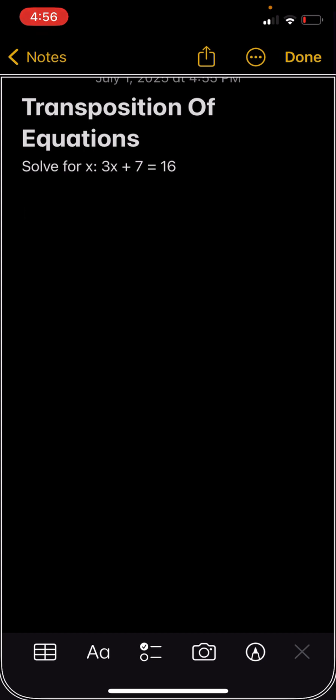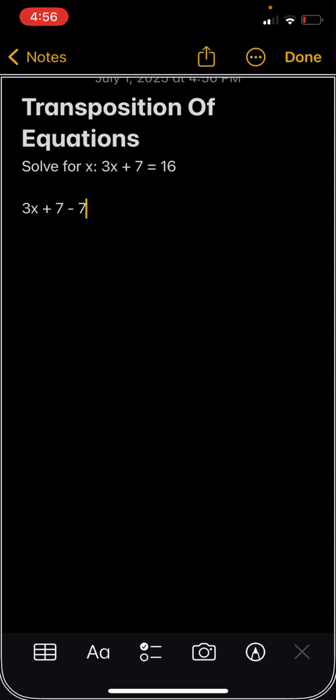But if you look on the left side, that x is being multiplied by 3 because it has a coefficient of 3, and 7 is being added to that x. In order for us to do that, we need to do the inverse of what is happening on the left side. If 7 is being added to it, let's go ahead and subtract 7.